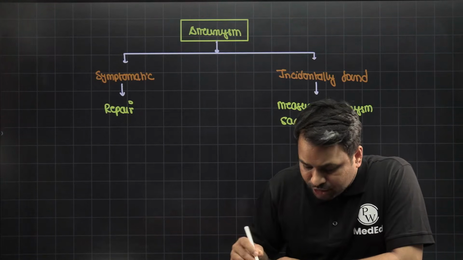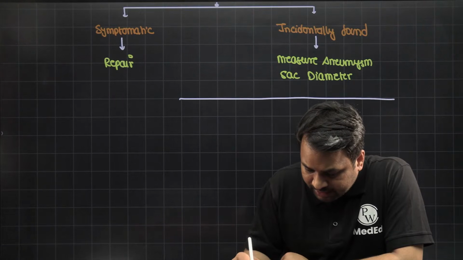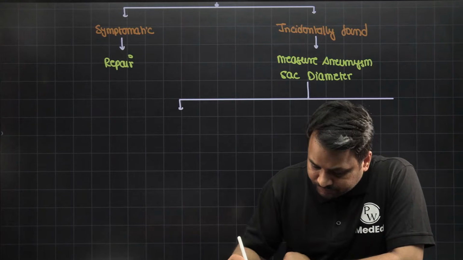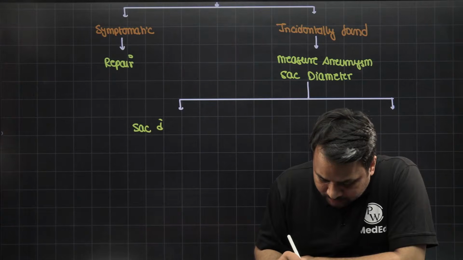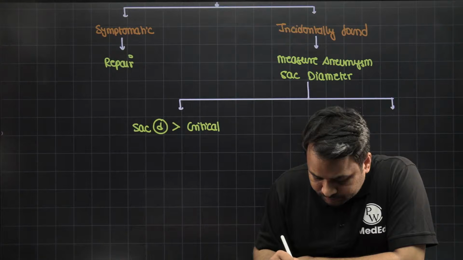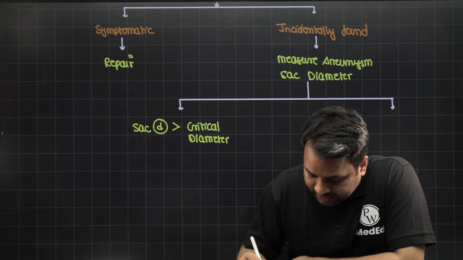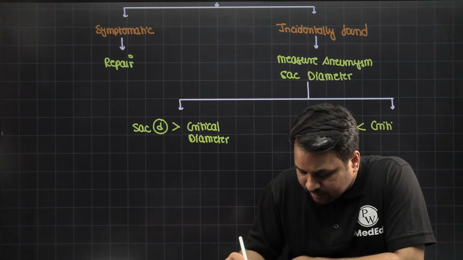Once you measure the sac diameter, we have something called the critical diameter for the vessel. We will see whether the sac's diameter is more than the critical diameter or less than the critical diameter.